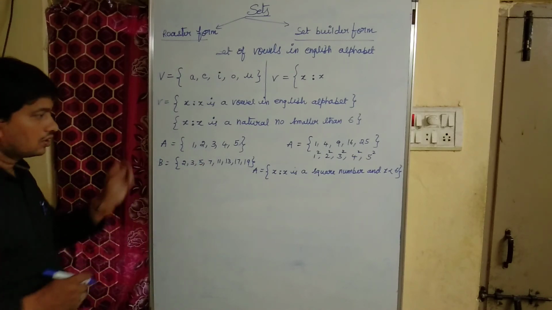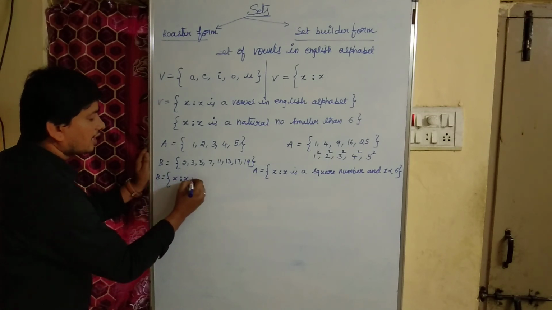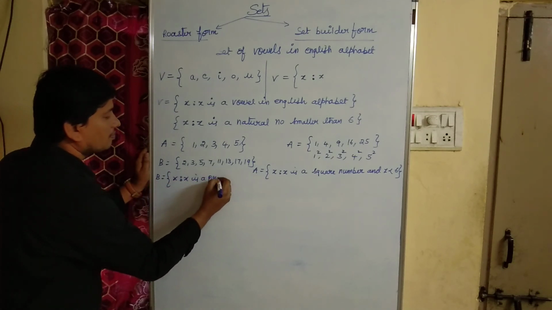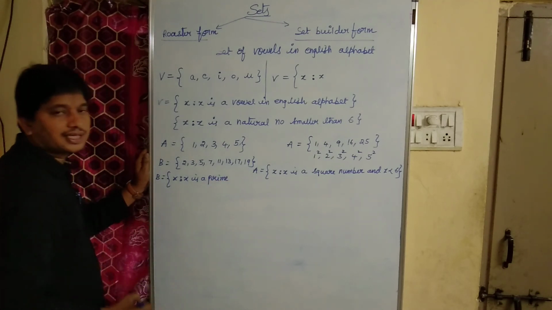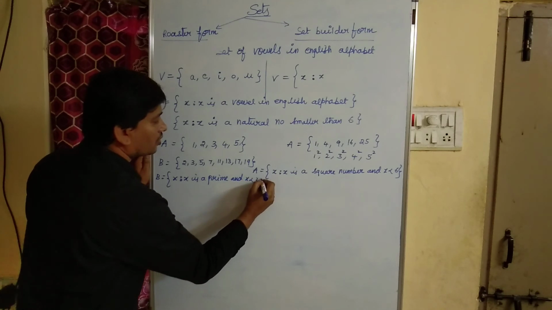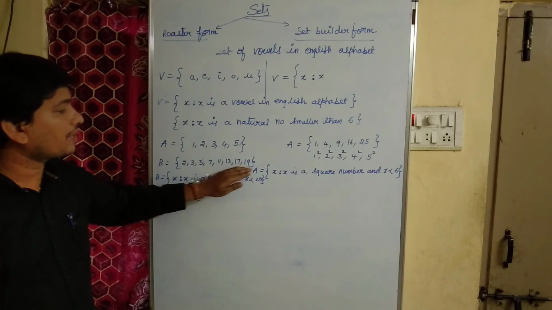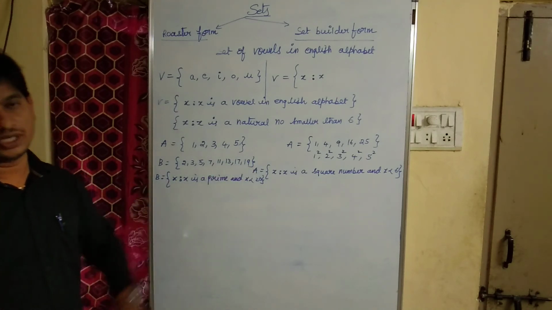So let me represent set B in set builder form: x such that x is a prime and x less than 20, because they are all prime numbers less than 20.